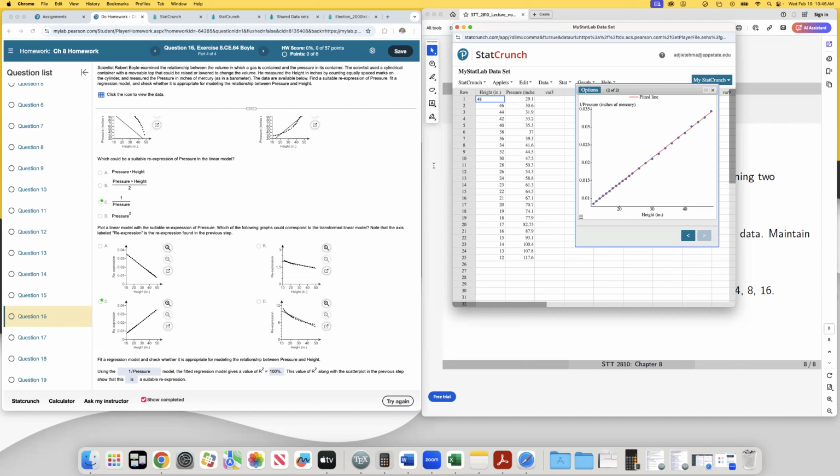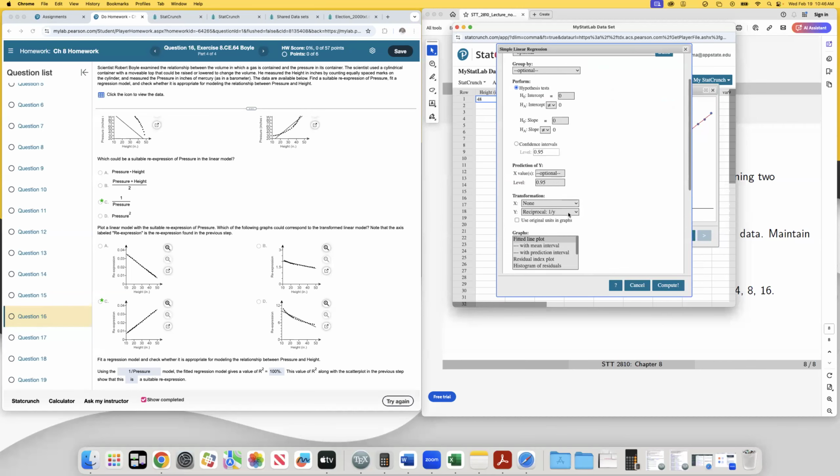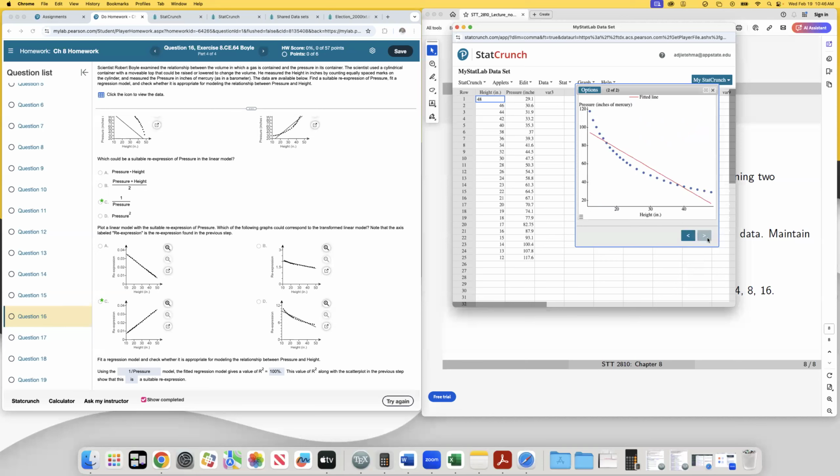How did I know it wanted the reciprocal graph? I knew I had to do some modification because we are told from here. And you could also see that if I try to make here none, we get this.